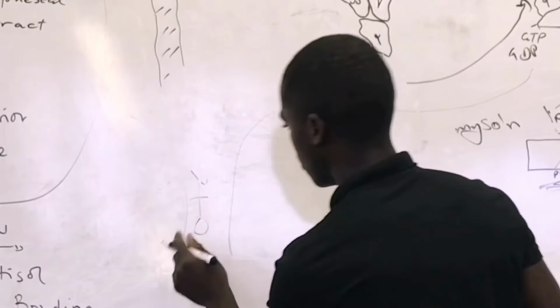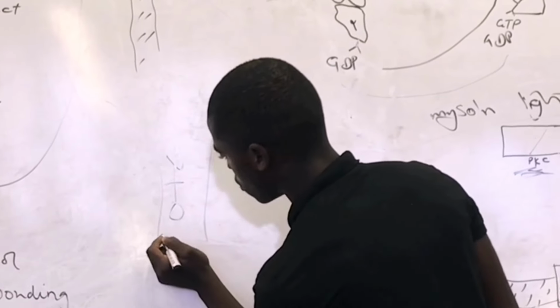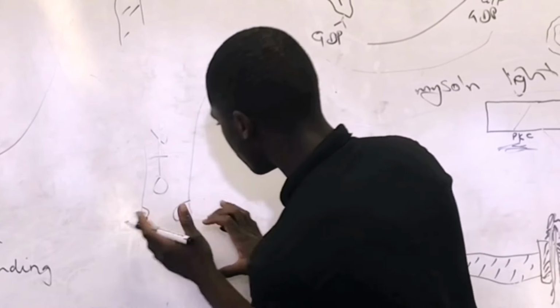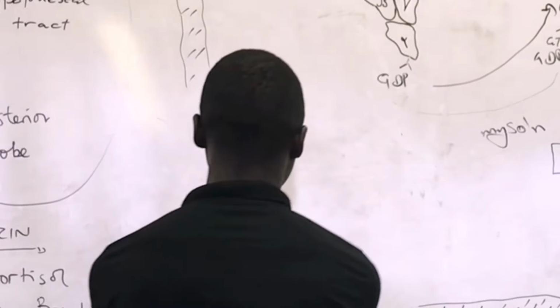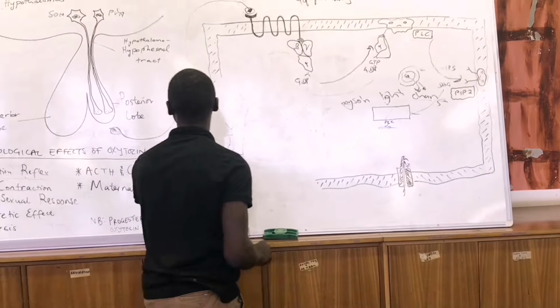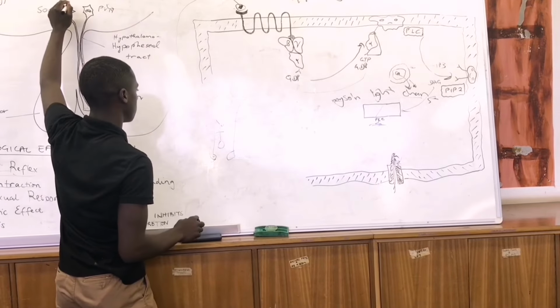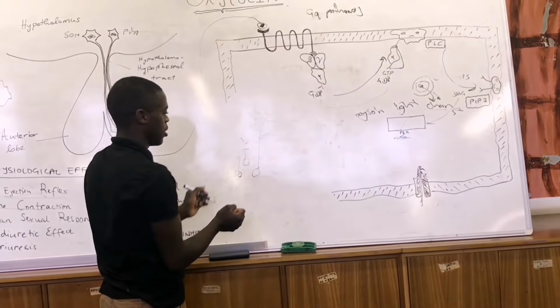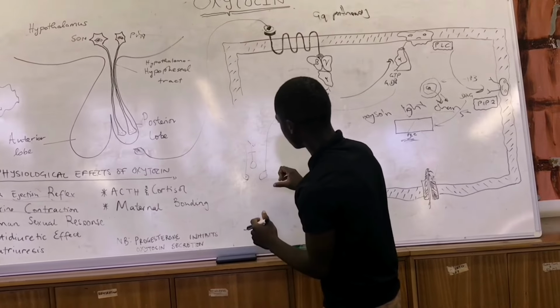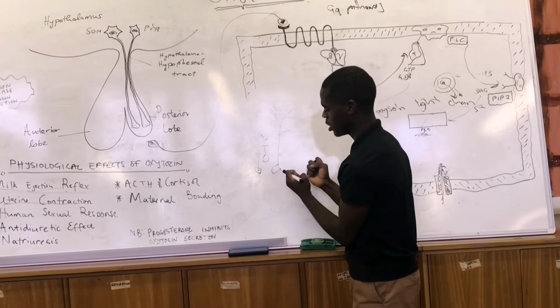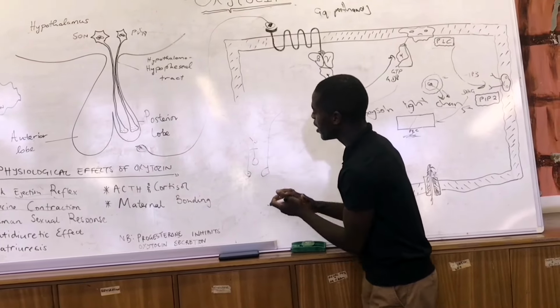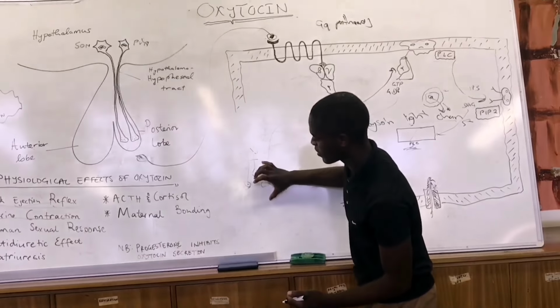So when childbirth is about to occur, we have an example. We have a fetus which is pushing on the cervix. So this pressure that's being put by the fetus on the cervix is the one that's going to send a stimulation to the hypothalamus to secrete oxytocin. So when oxytocin is released, the myometrium will increase contraction. When it increases, even the pressure that's being put on the cervix will increase.